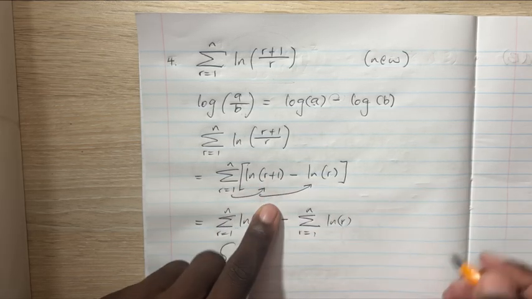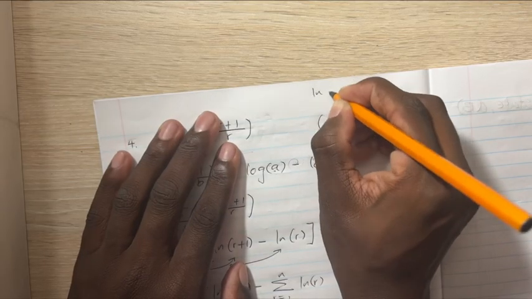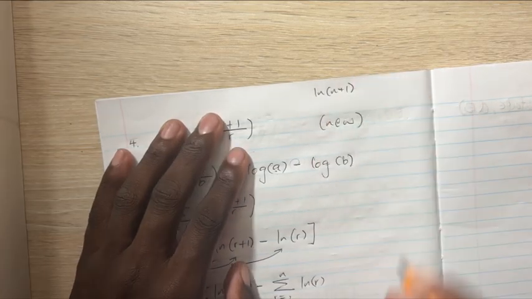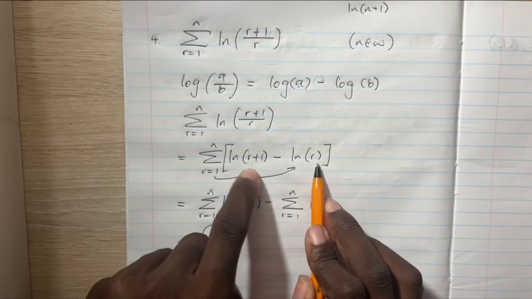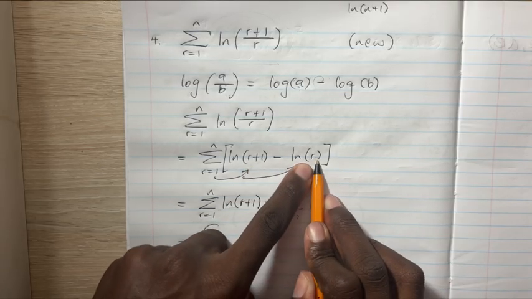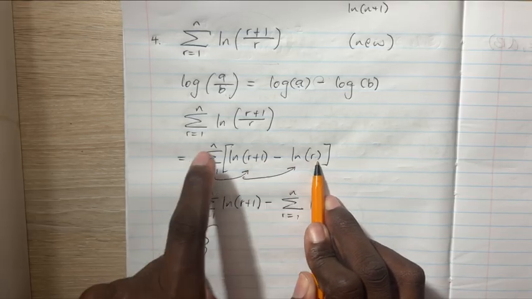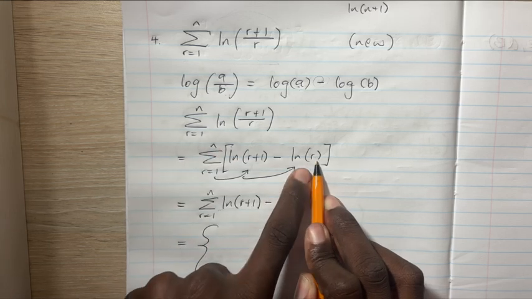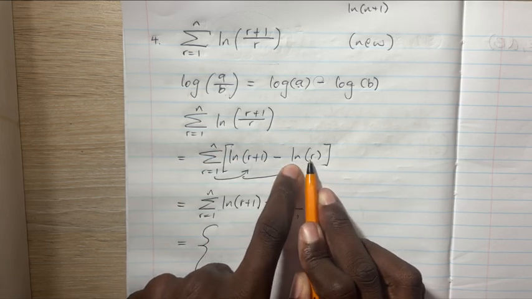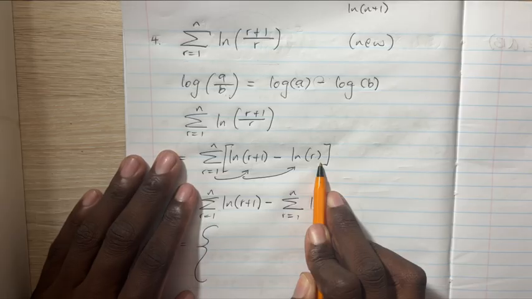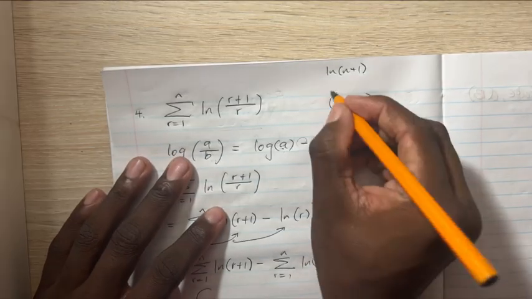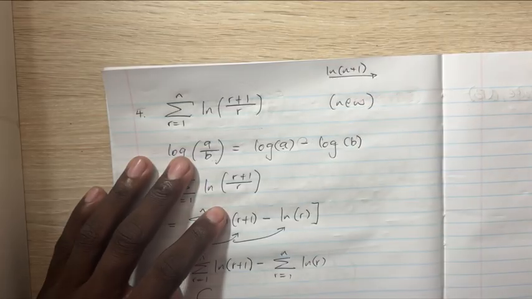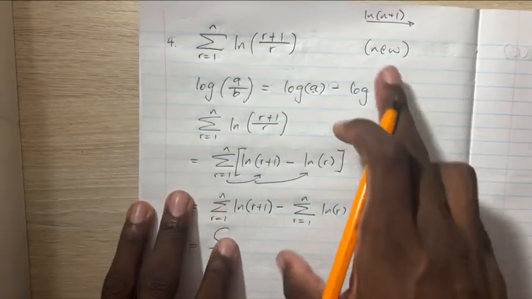Our last term is going to have a ln (n plus 1). Our first term, because this starts at r plus 1, but this starts at r, so this has a first term that this guy doesn't have. First term is where r is equal to 1. So that will be ln 1. Ln 1 is 0. So basically this is what it simplifies to. Our final answer has to be this.